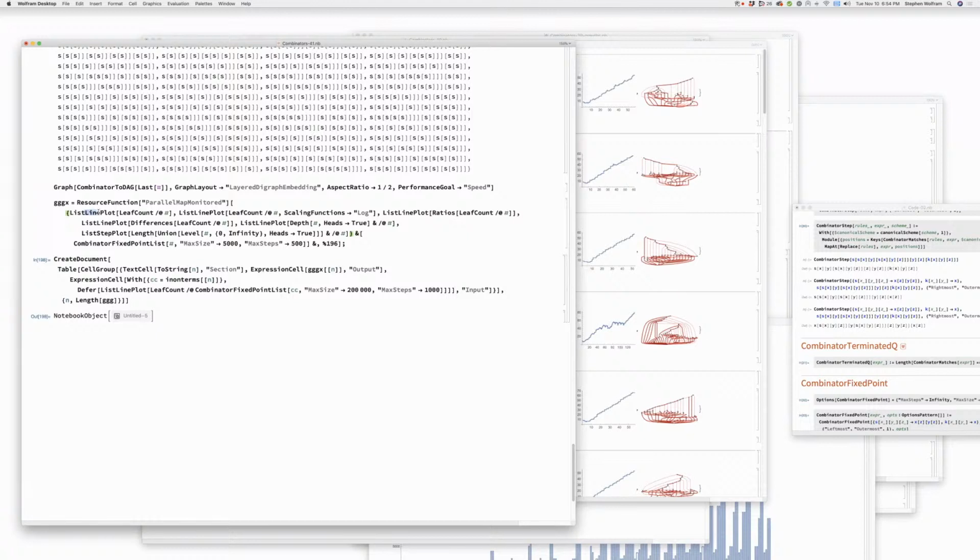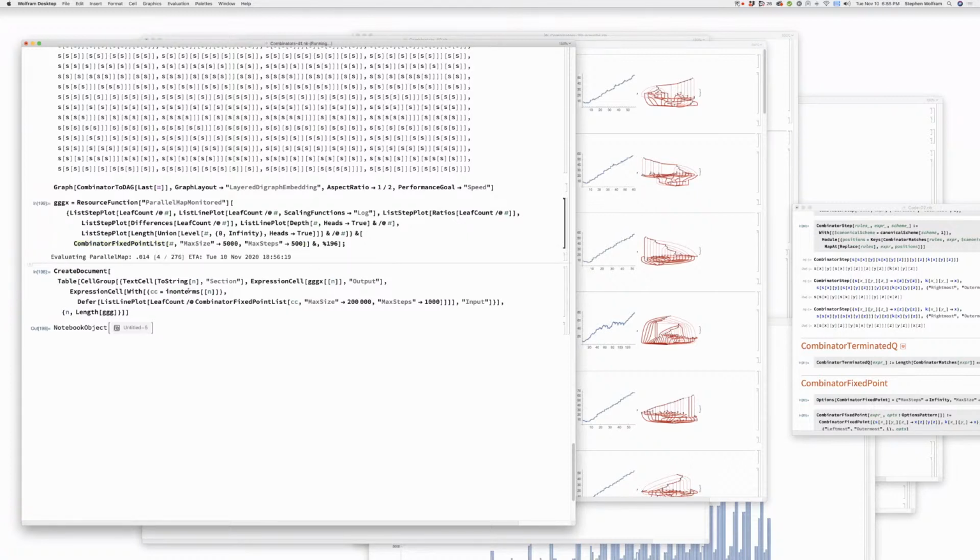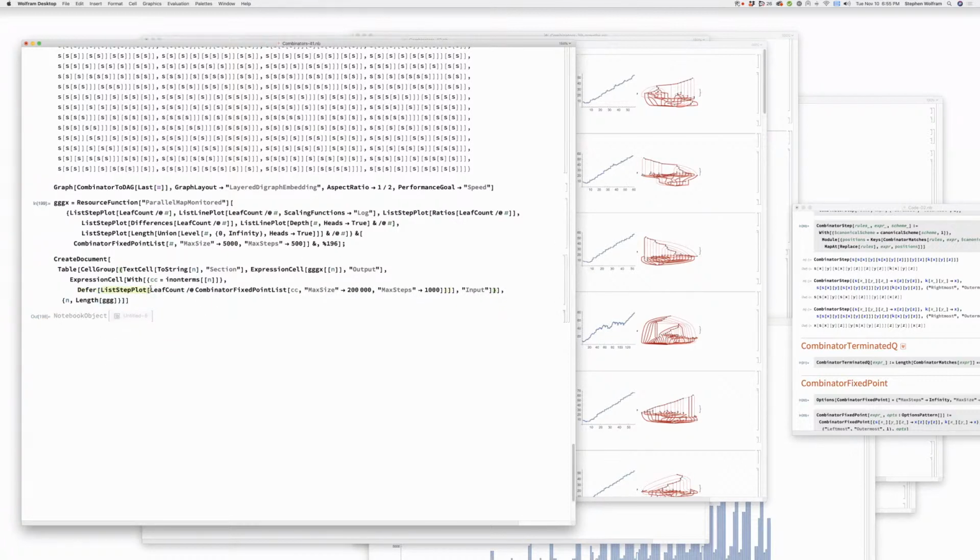Let's do list step plot here. And I wonder whether we want, okay, let's run this. And while we're at it, let's correct this to being list step plot. And I think we want to make this by default differences.